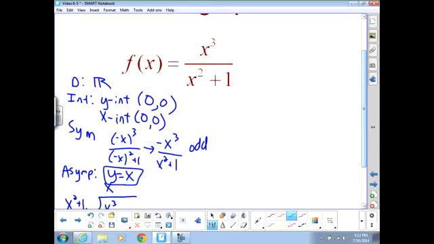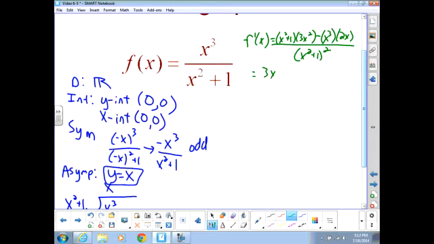Next, we'll do our first derivative. We've got low d high, so x squared plus 1 times 3x squared, minus high d low, so x cubed times 2x, all over x squared plus 1 squared. We'll neaten that up a bit.